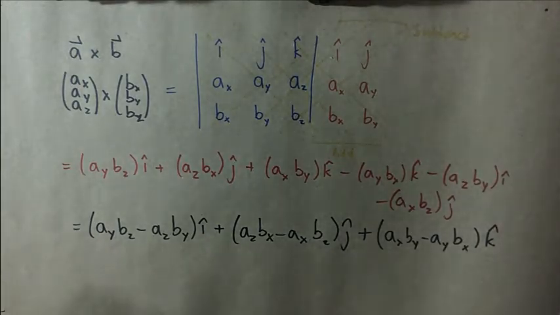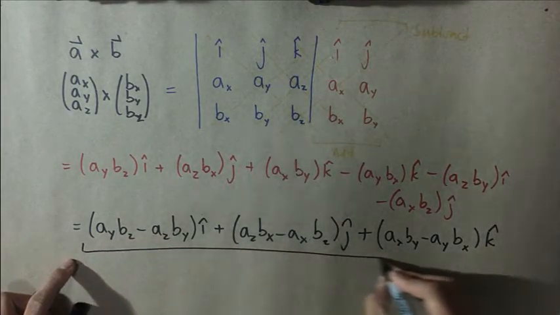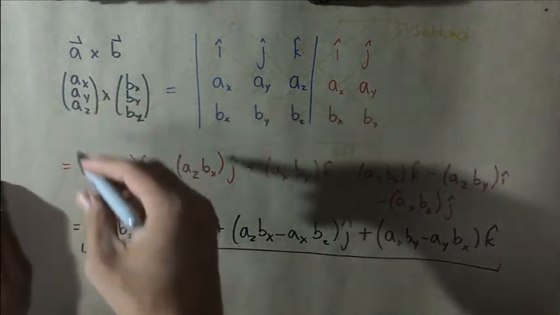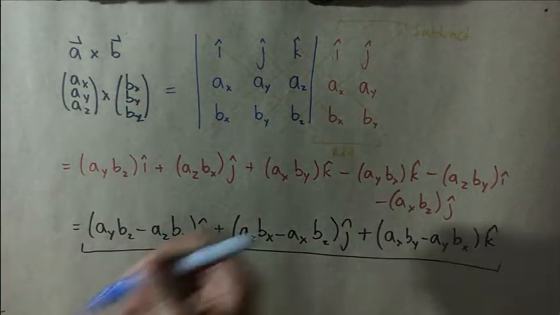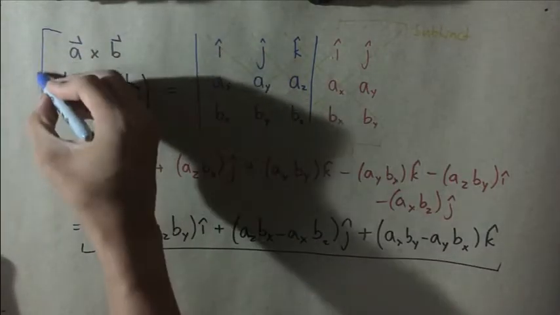But this here is basically the cross product between the two vectors, A and B.